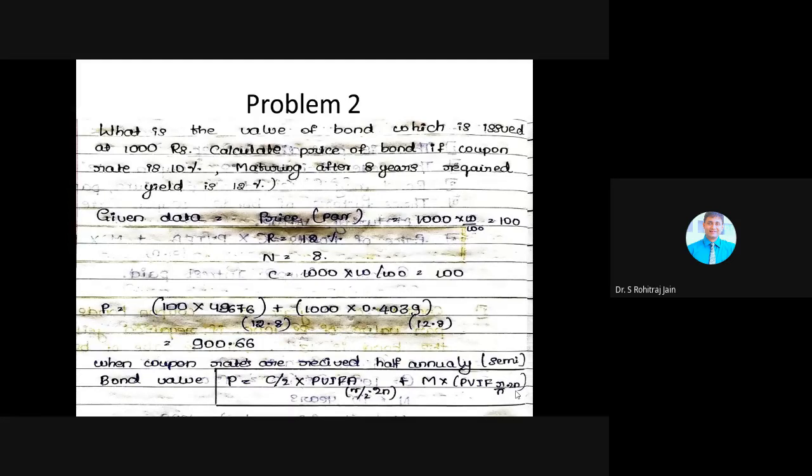Because it is paid twice a year. And how many times is it paid, students? Twice, so I mentioned 2N. Plus M, the maturity value, multiplied by PVIF, present value interest factor, (R divided by 2, 2N). It remains the same. Clear?